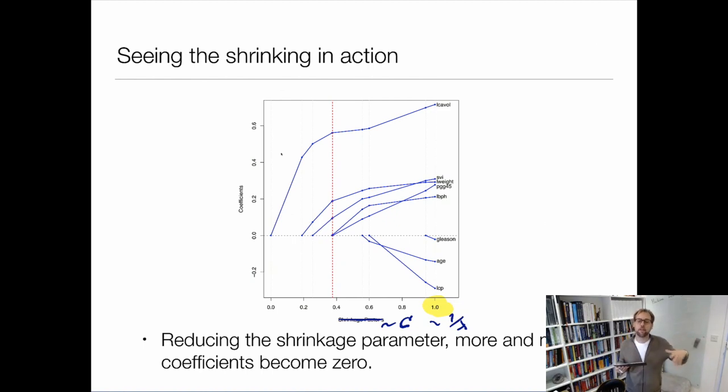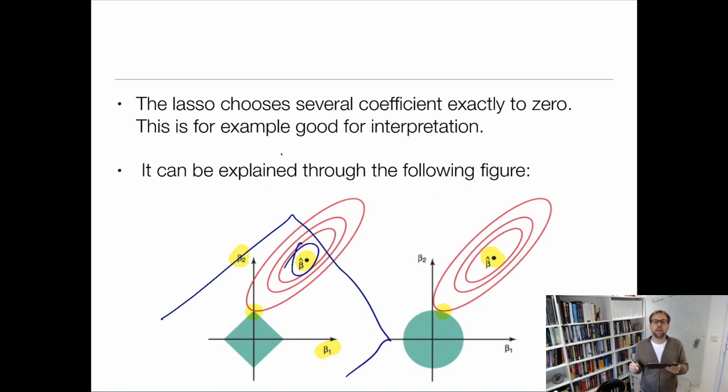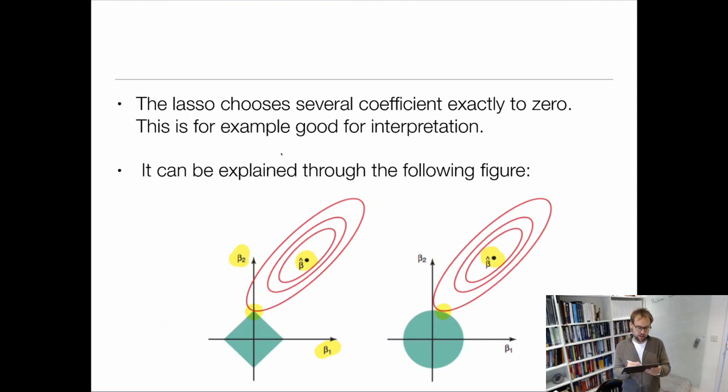C is large enough that, if I increase C, I will just be increasing this diamond, and once this diamond includes my original minimum, I will get the same solution as if I had no constraints.